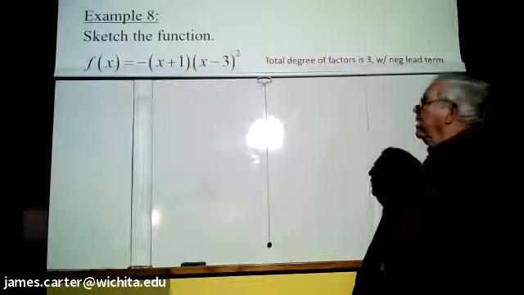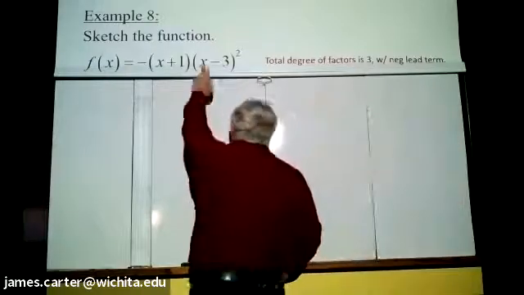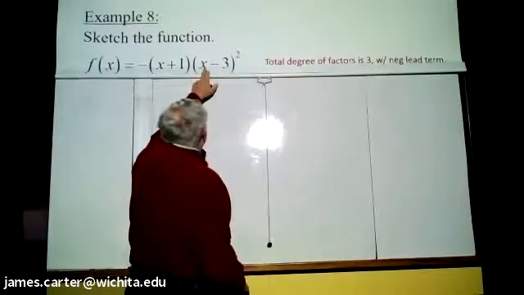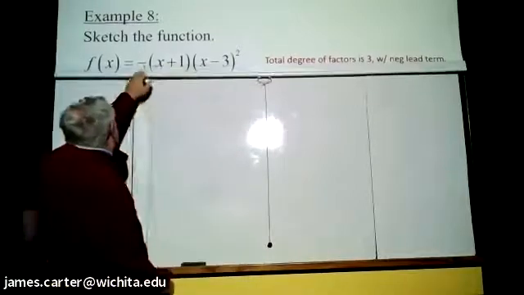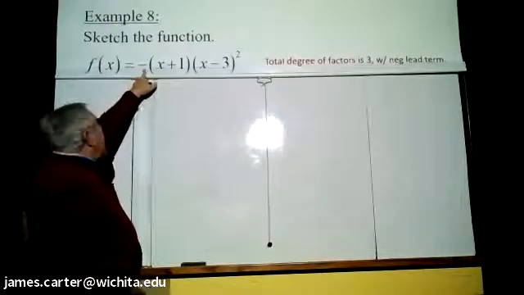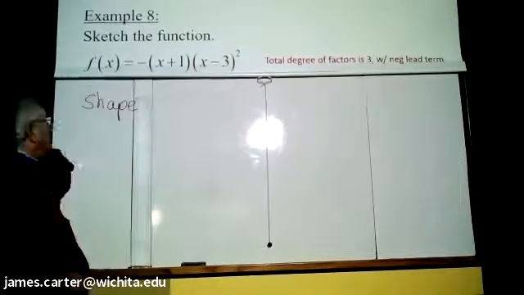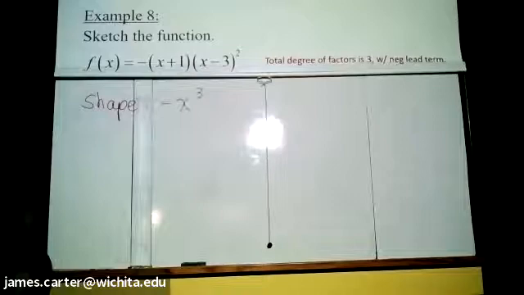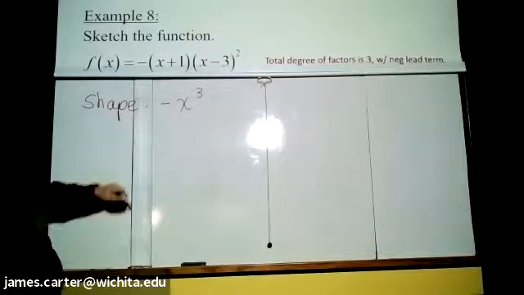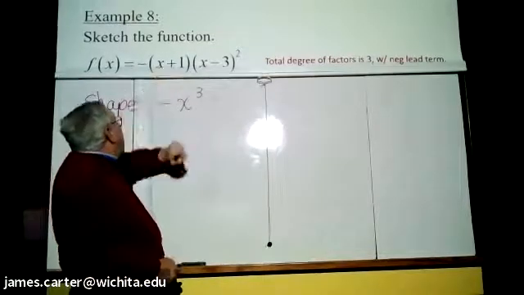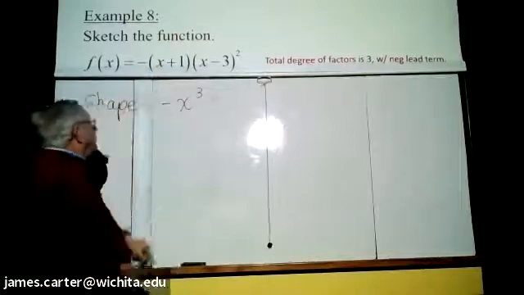Okay, what do we know about these? I've got an even multiplicity, an odd multiplicity, and a negative leading term. So the shape is going to be a cubic, second power, third power, with a negative out front.